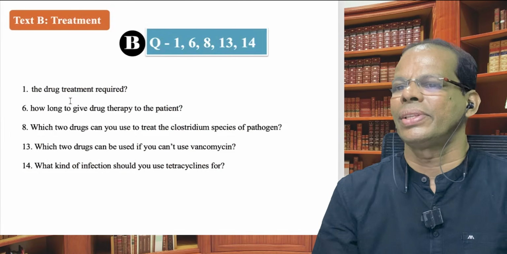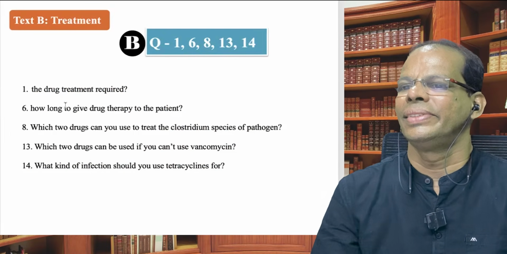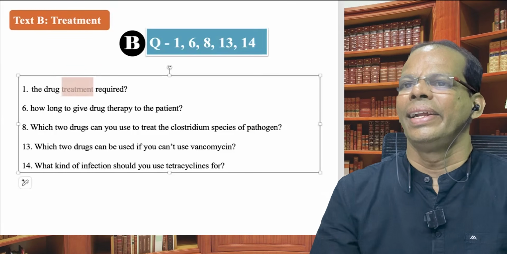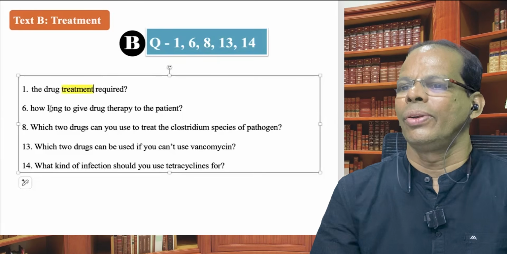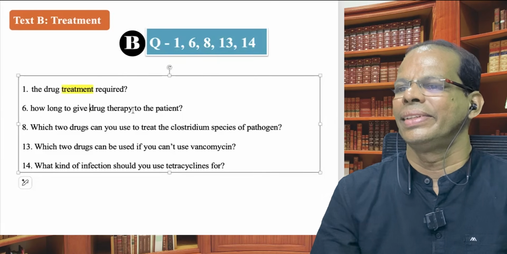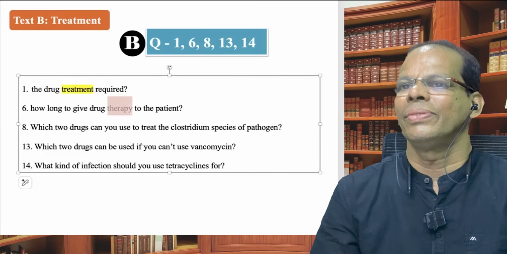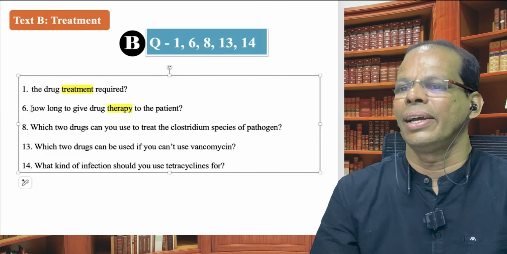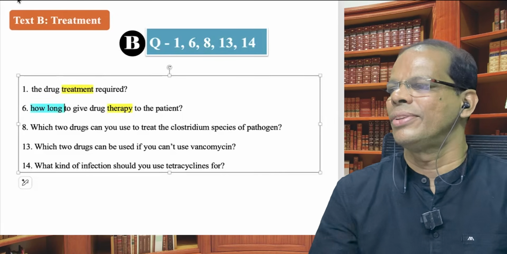See, these are the drug treatment required. So we said the heading is Treatment. We'll just highlight once again. How long to give drug therapy? Drug therapy is treatment, right? Therapy is a synonym of treatment. Now they are asking how long. It means there should be a number, right? How many days or something like that.